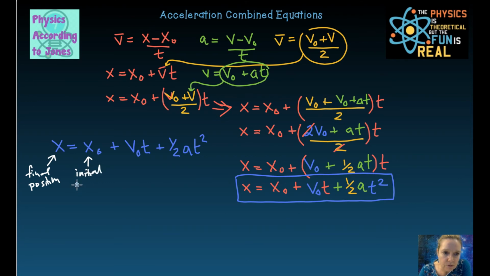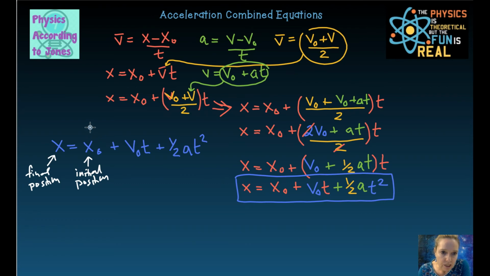Normally, this initial position is going to be 0 because normally you're going to start from the start, and you're going to call that position 0. However, that doesn't always happen. Sometimes you could have something start in front of a starting line. This happens more if we do a vertical problem and you were to jump from a hill or something. So normally this is 0.